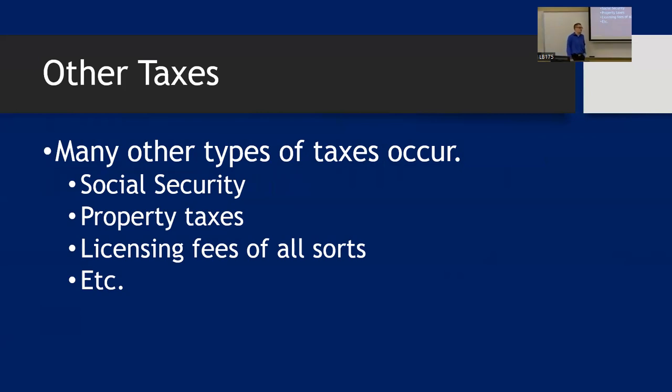If you own a house, then most states have property taxes. In the state of Michigan, you gotta pay property tax. There's all sort of licensing fees that are also taxes in their own right. So for instance, every year I buy a fishing license, all right?